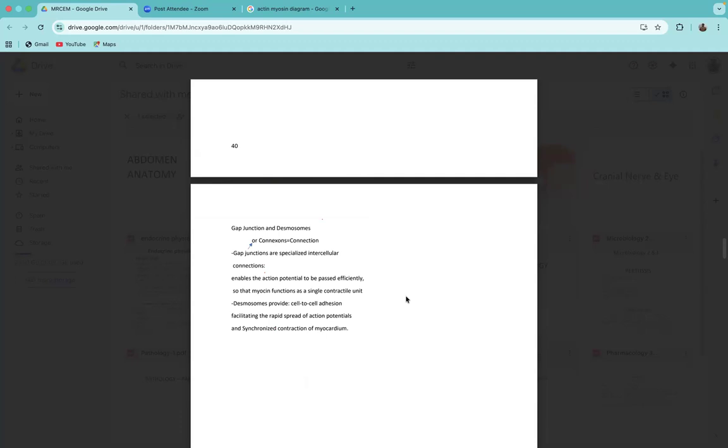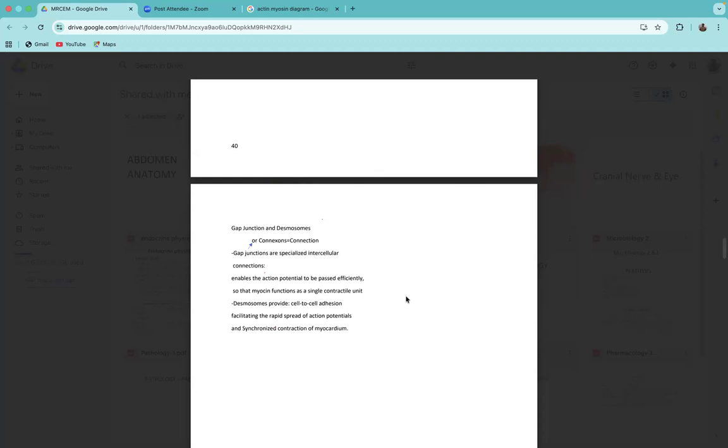Okay, so gap junctions or desmosomes are present in there. They are also known as connexons. The gap junctions are specialized intercellular connections which enable the action potential to be passed effectively, so that the myocardium functions as a single contractile unit.